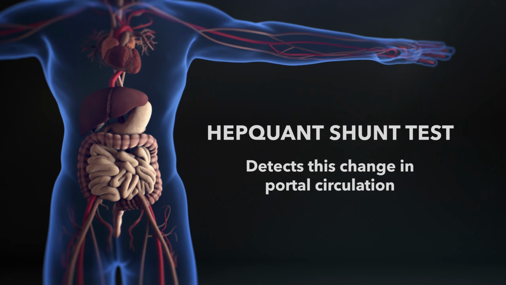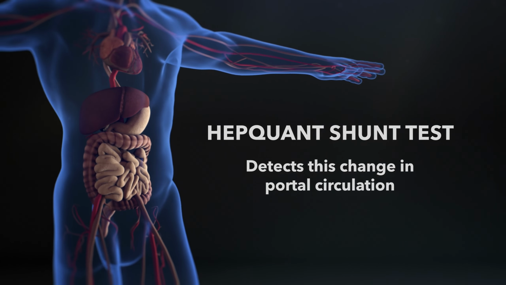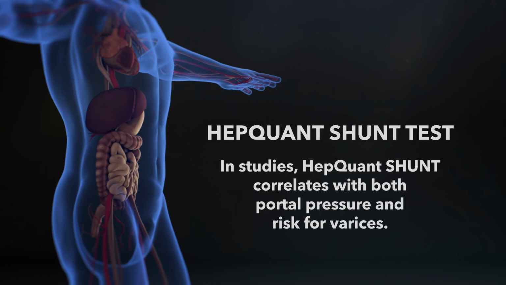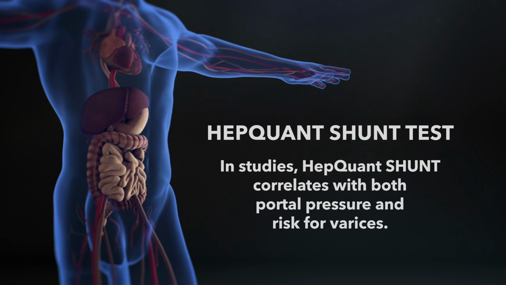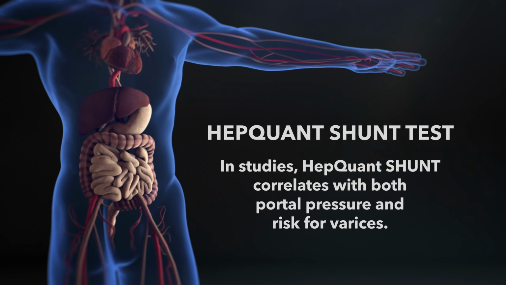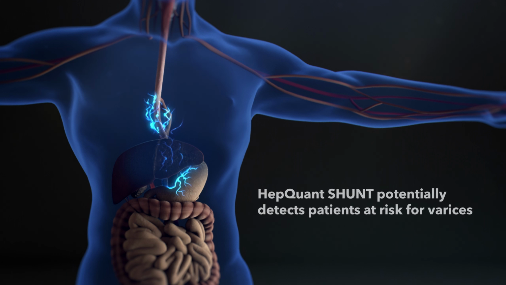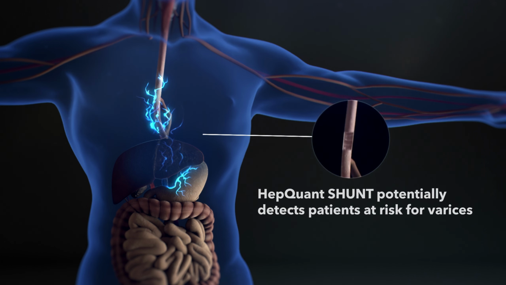The HepQuant SHUNT test, which quantifies portal systemic shunt, is able to detect this change in the portal circulation. In studies, HepQuant SHUNT correlates with both portal pressure and risk for varices. This is a key attribute of HepQuant: the potential to detect the patients who are at risk for varices, especially large esophageal varices, the varices that need treatment.